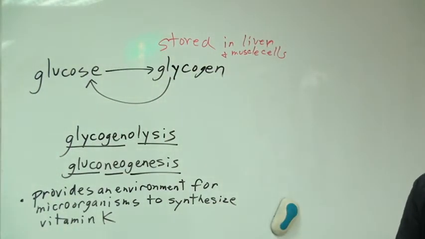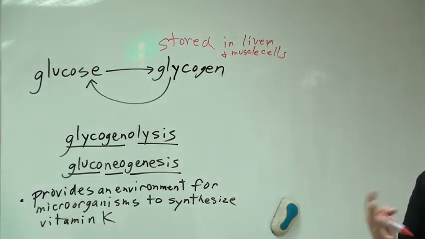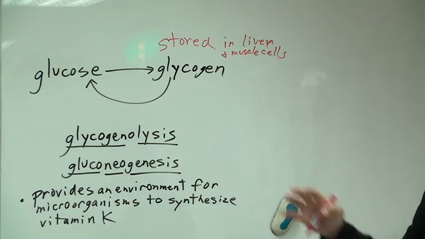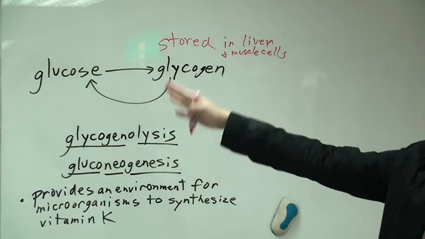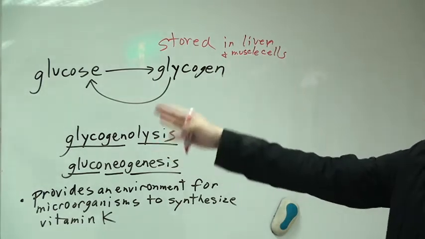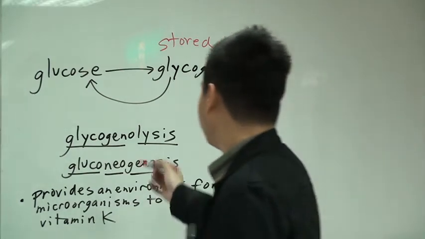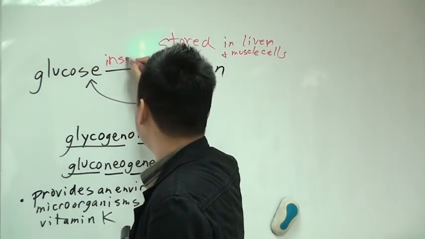During the time that you don't eat, the body will get this for energy. The body will convert the storage form back to your active glucose to use for energy production. So what is the hormone responsible for this? This is your insulin.